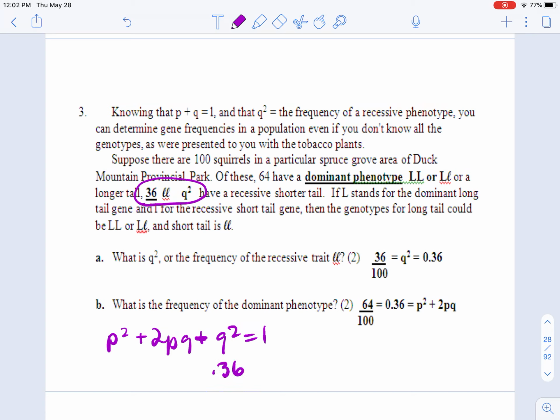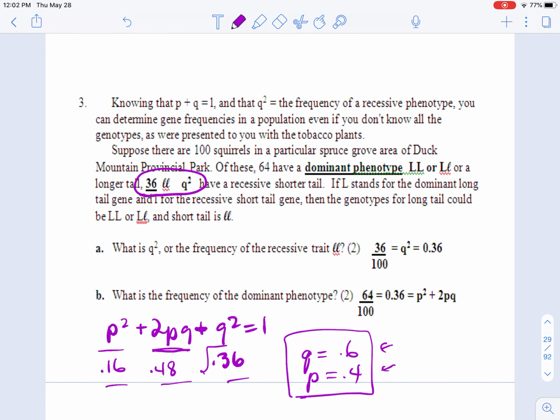Put a square around that legend and use that information to go back and do p squared, which is 0.4 times 0.4, 16%, and 2 times p times q to get the heterozygous, which is 48. So 16, 48, and 36 will be 100% of your squirrels.